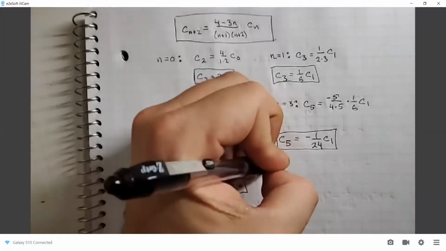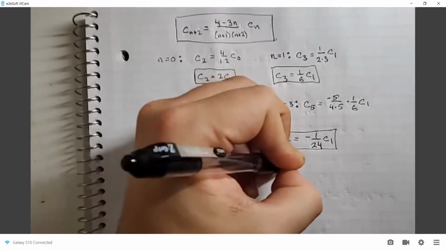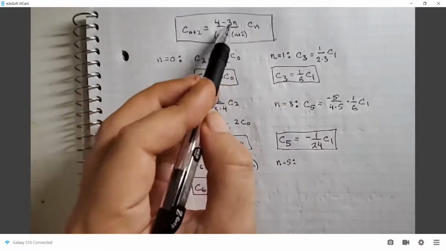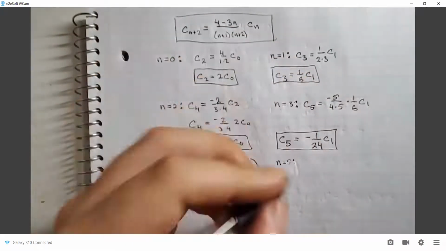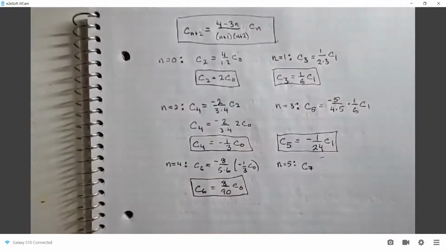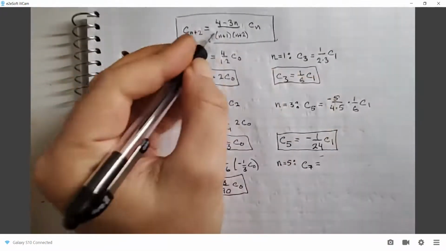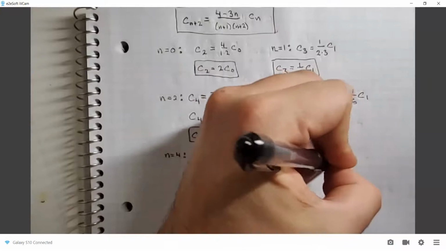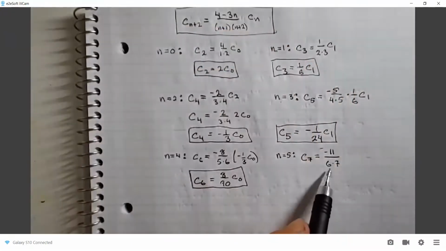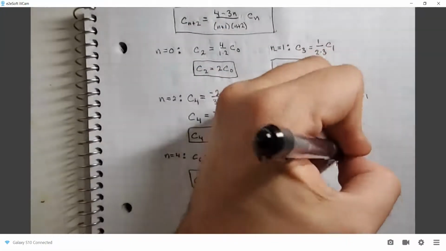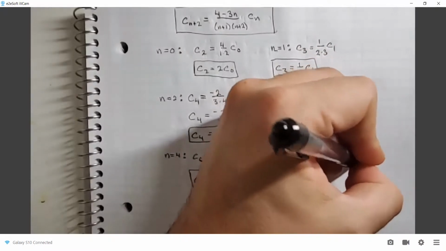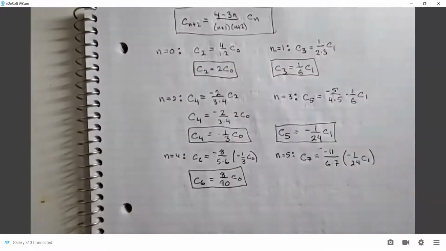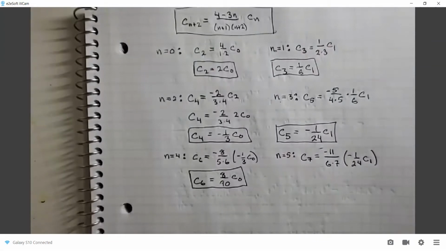And then if we do n equals 5, so we'll get 4 minus 15 is, oh wait, hang on. This would be C7 equals, and 4 minus 15 is -11 over 6 times 7, and then times C5, but C5 was -1 over 24 C1. Oh man, I'm reaching my limits of multiplication in my head here.